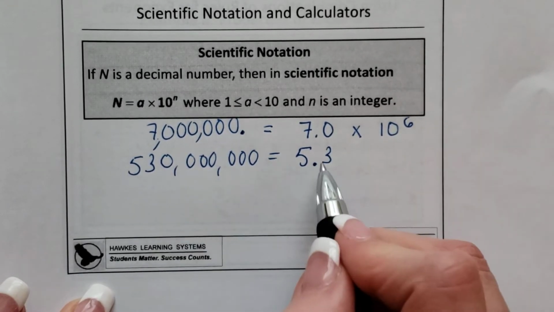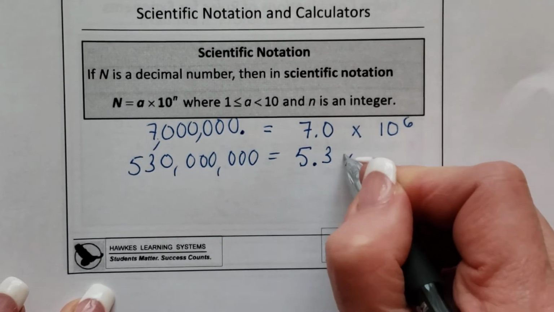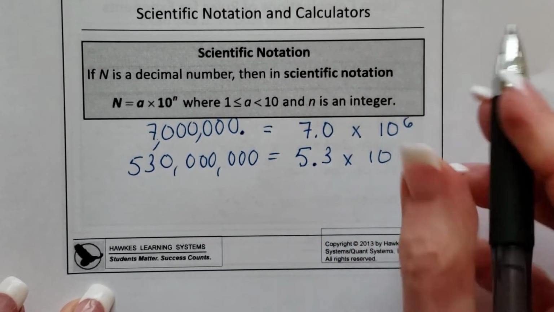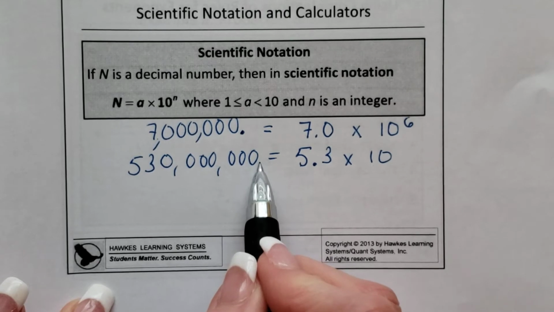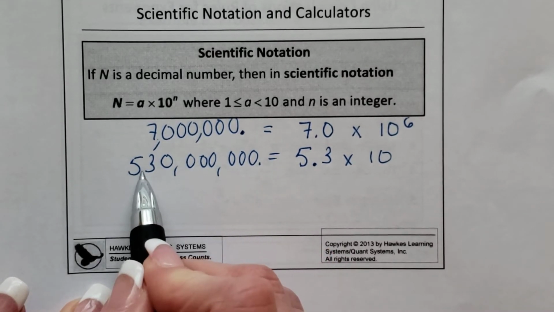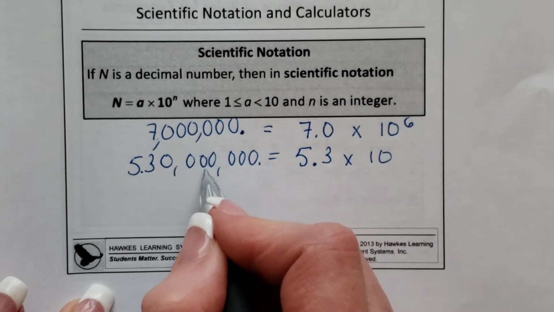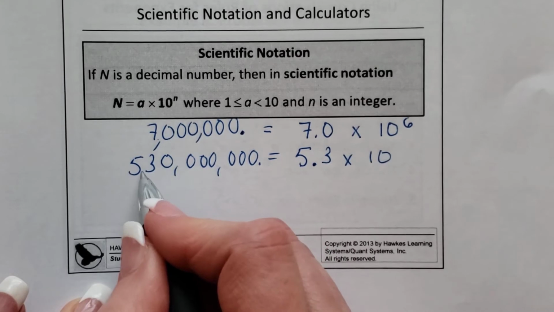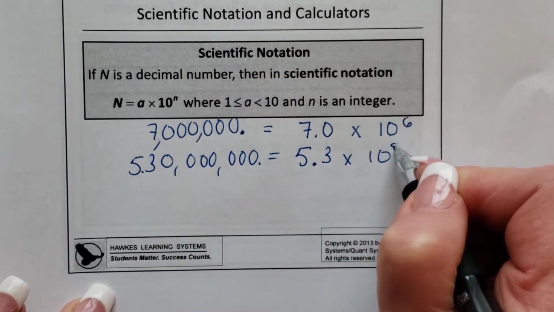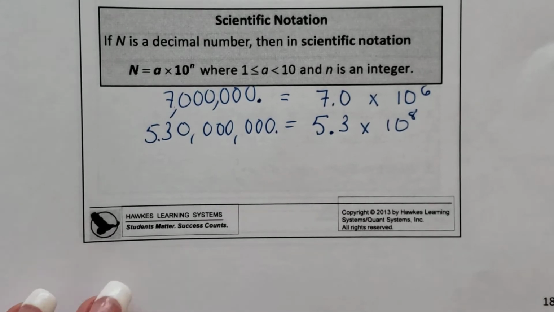So 5.3. There's a one-digit number right there. That's totally fine. I'm going to multiply it by a power of 10. Well, if my decimal was originally here and I moved it to here, that means I moved my decimal 1, 2, 3, 4, 5, 6, 7, 8 places, and now that's my exponent. So those are really big numbers, right?